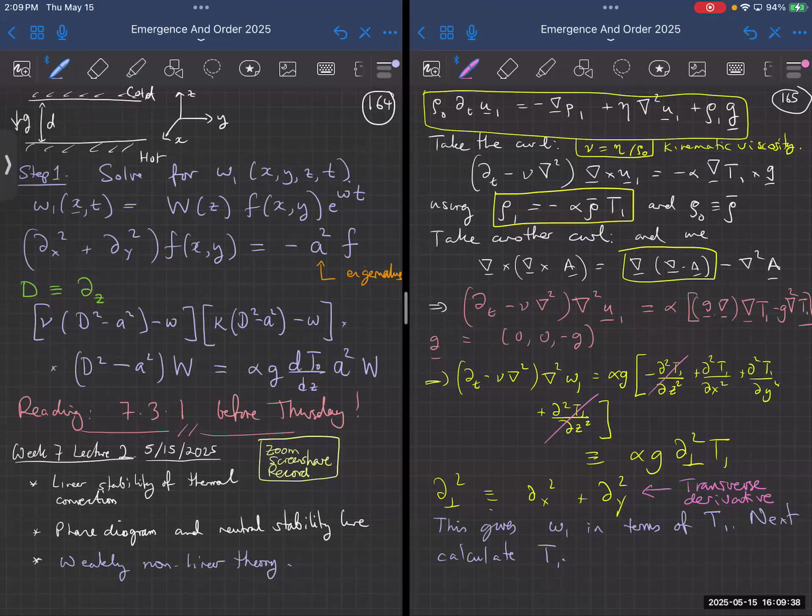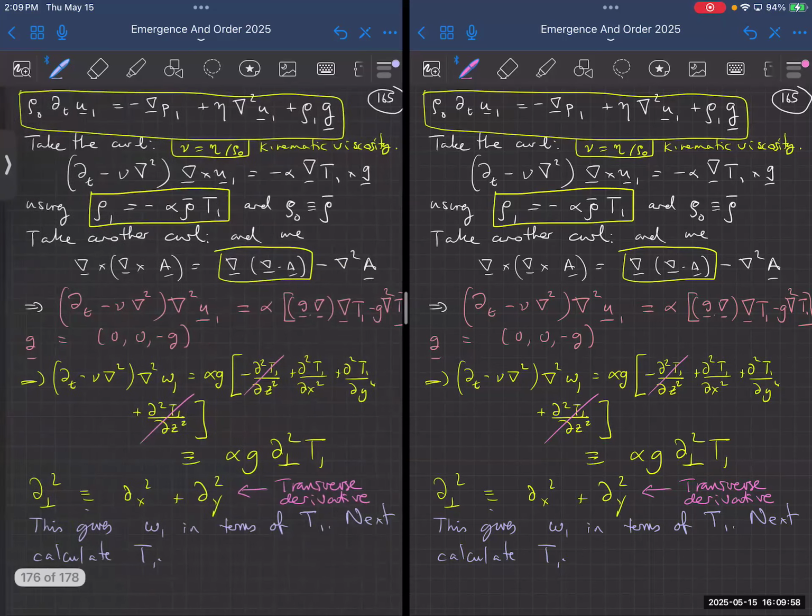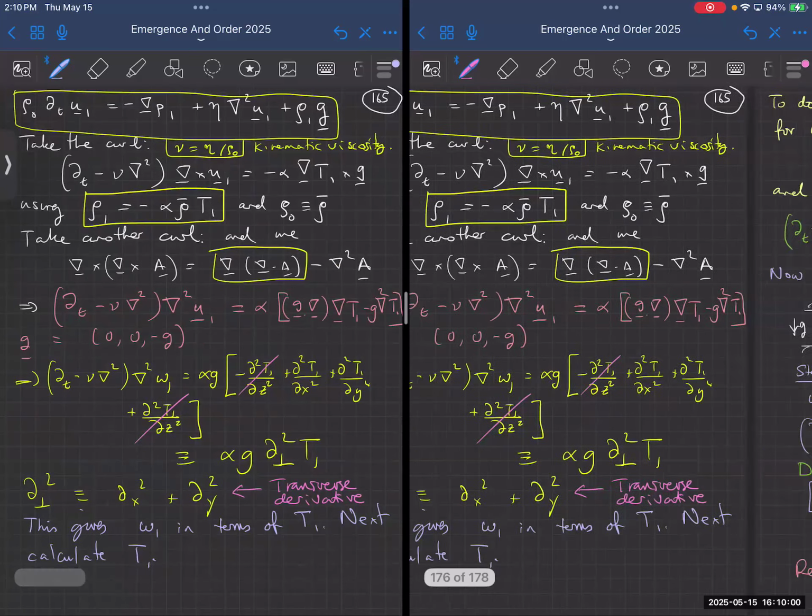So here the velocity tells the temperature how hot to be, and the temperature tells the velocity how fast to move. And so you have a pair of coupled nonlinear differential equations. That's all general relativity is.